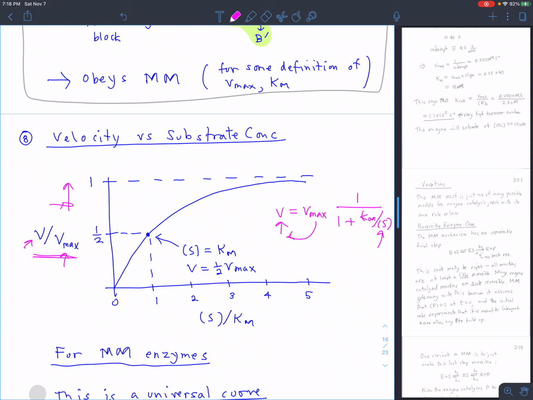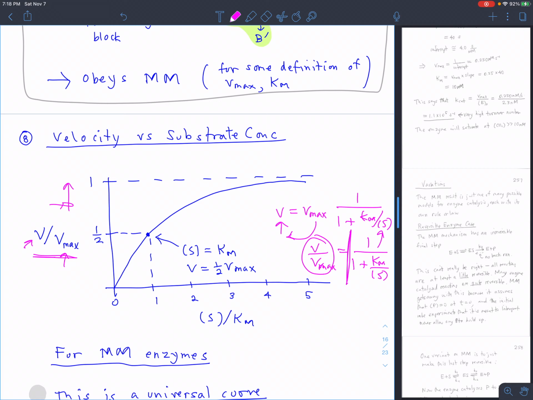In other words, I've divided both sides here. So this is velocity over Vmax, and that's just 1 over 1 plus Km over S, which means that if I scale the velocity by Vmax, then Vmax doesn't appear on this side of the equation anymore at all.